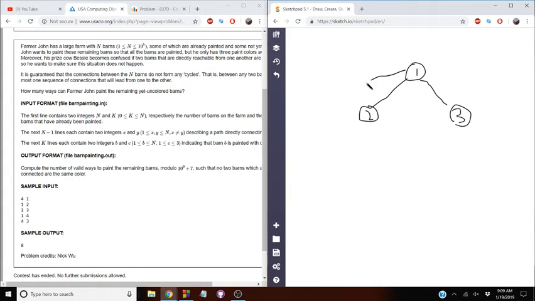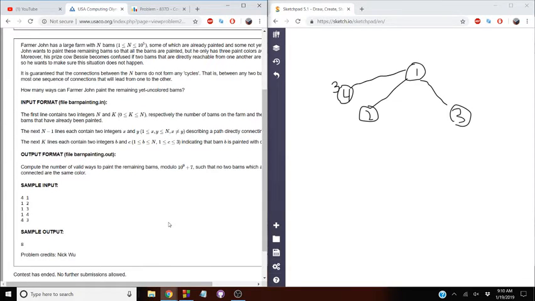Okay, so the only thing we know in terms of color is that the color of node 4 is 3. So I'll put a little 3 on the corner. Then we want to figure out how many ways there are to color the remaining barns in different colors. And you have to print this modulo 10 to the 9 plus 7, which suggests that you cannot loop through all possible barn colorings.